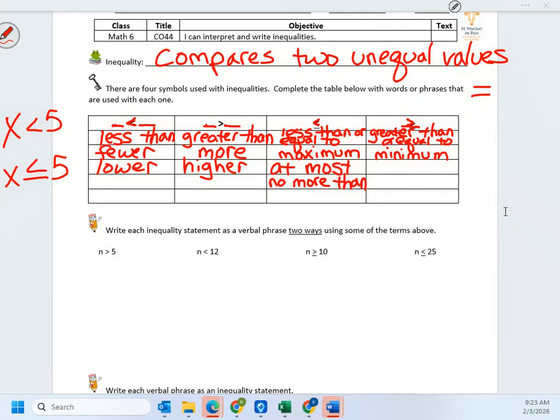The minimum number to pass the test, you need at least 20 points. So you can get that number or more. You have to get at least 20 correct. You could get more correct, but in order to pass the test, you have to get at least 20 of them right. Or no less than 20 correct.